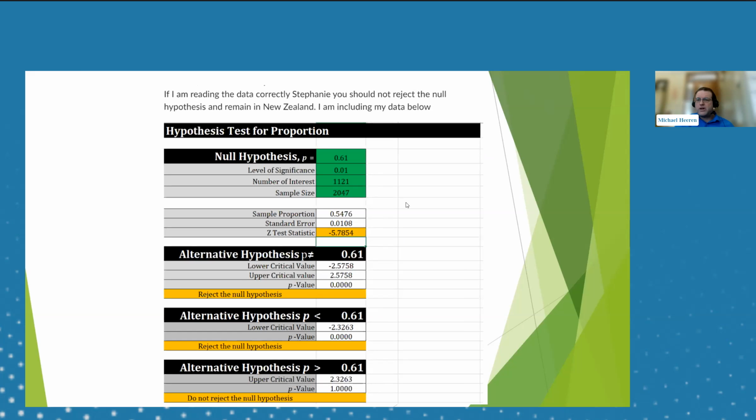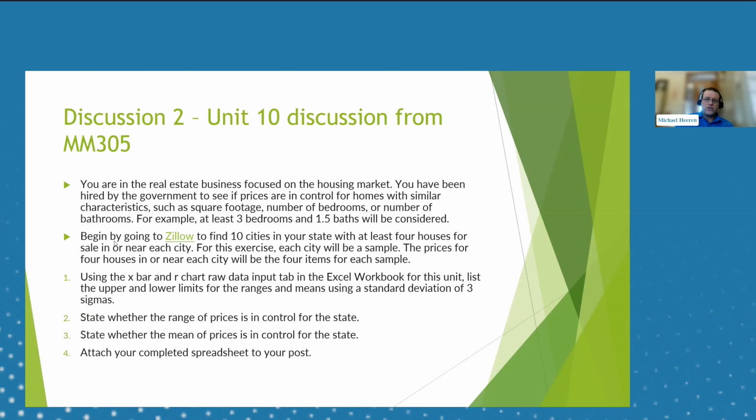And in this particular case, we have a testing method, and it just lists those various different scenarios for the hypothesis test, whether the alternate hypothesis is not equal to, less than, or greater than, and what you should do. But then you want to say, should we reject it, not reject it? So that's the first scenario.